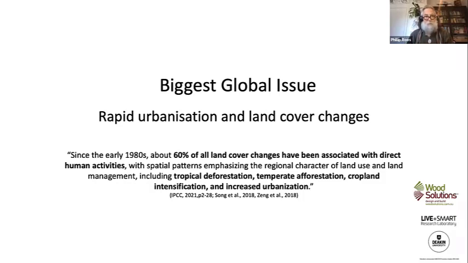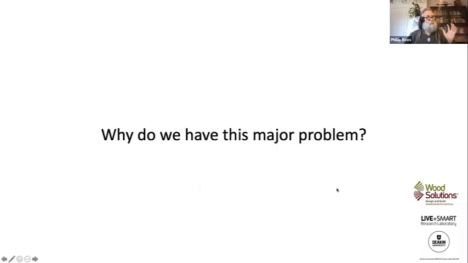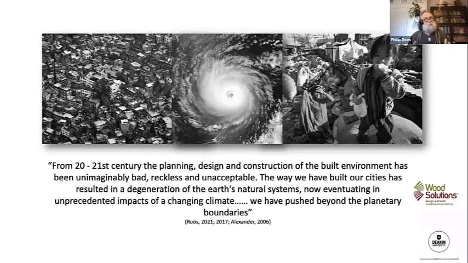And this global issue of rapid urbanization continues to destroy our renewable sources on Earth. But the question is, why do we have this major problem? We've got this major problem because from the 20th to the 21st century, our planning, design, and construction of the built environment has been unimaginably bad, reckless, and unacceptable.